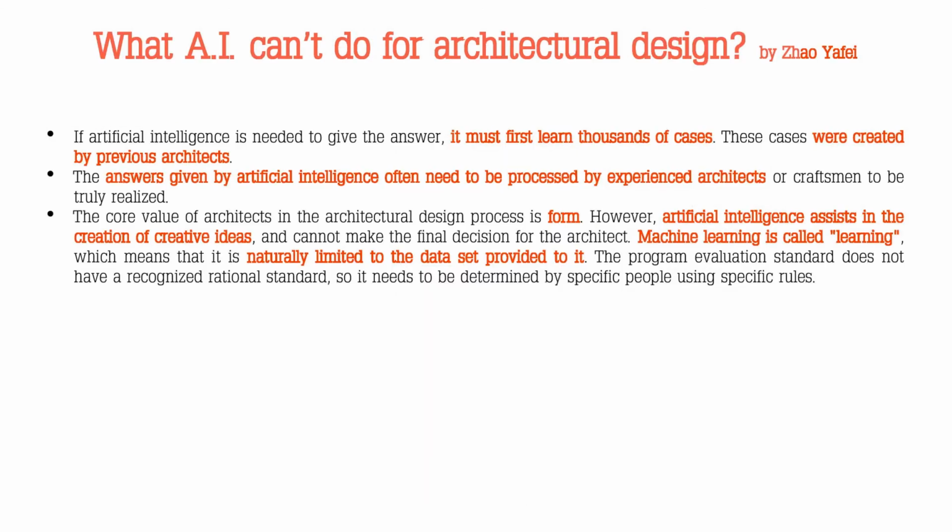Then we have a key question. We have seen what artificial intelligence can do for architecture design, and now we have to briefly illustrate three elements that artificial intelligence cannot do. First of all, in the current state of the research, artificial intelligence has to be based on machine learning.